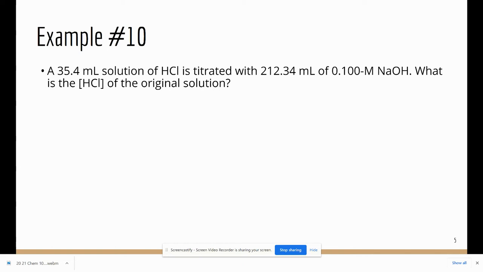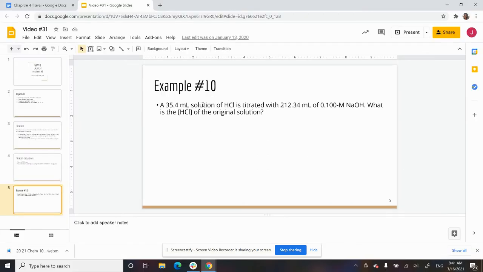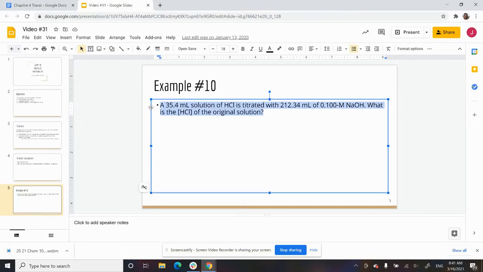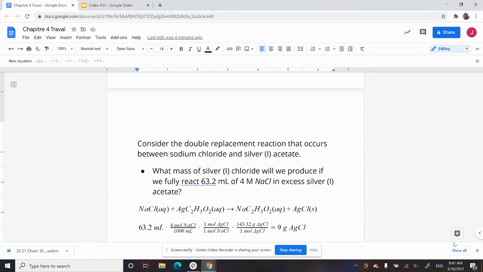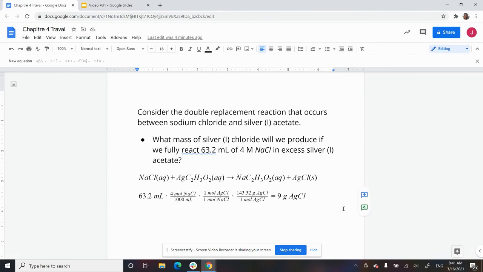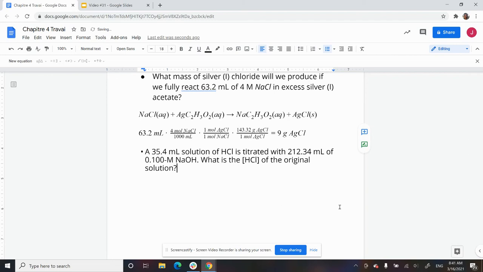Pause here. So just like any other stoichiometry calculation that we've done this chapter, we are going to start by getting the balanced chemical equation.